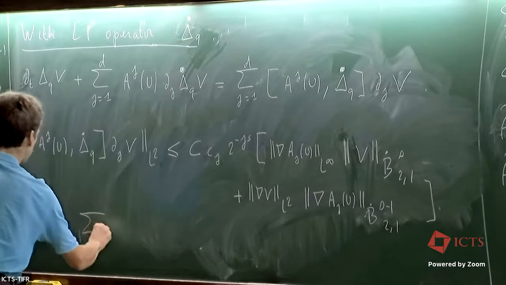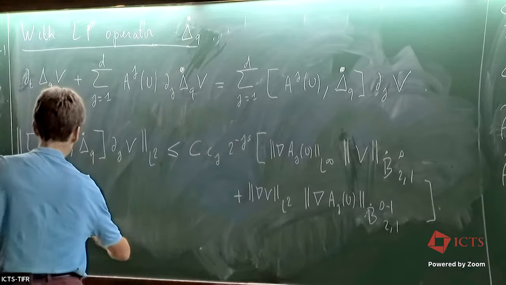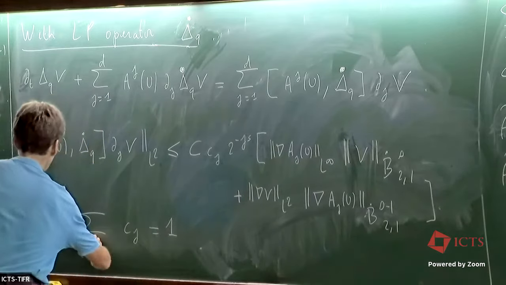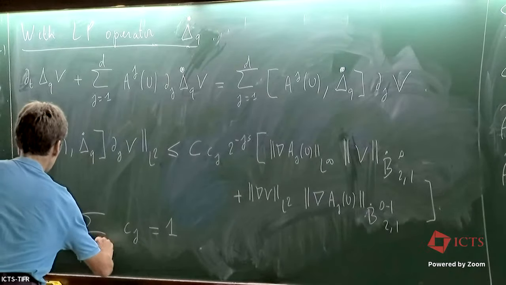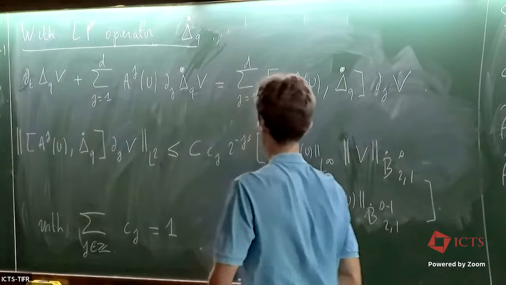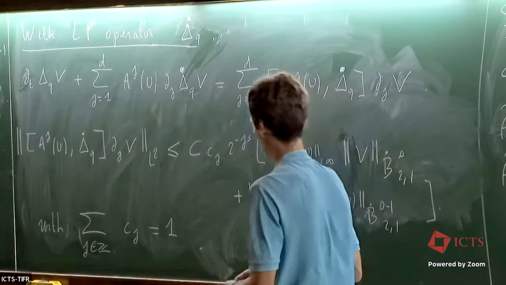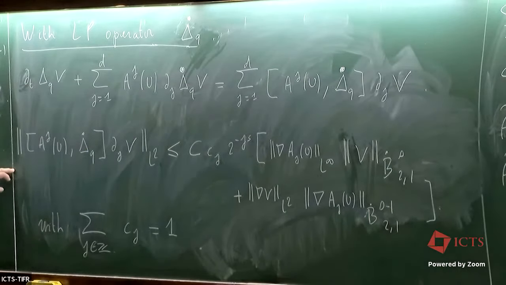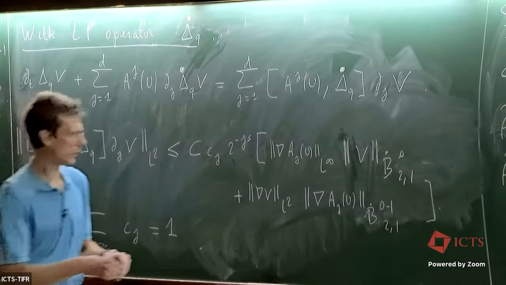They are such that if you take the sum, you find 1. And they are non-negative, of course. I could have written it in another way, equivalently: if you take the sum of the left-hand side times 2 to the js, then you are bounded by all this.